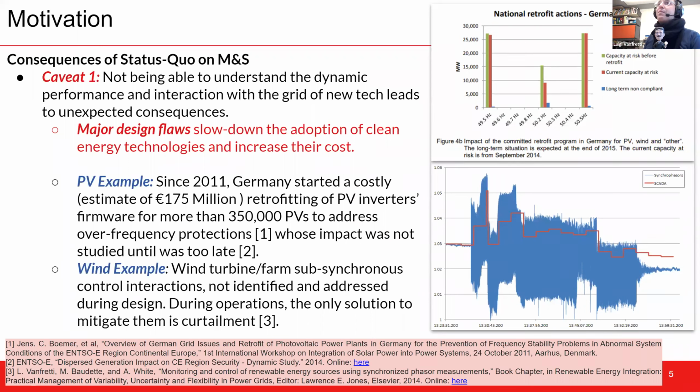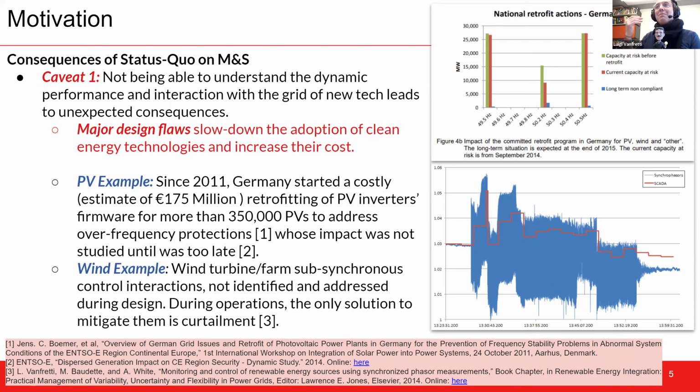The best example is to look at Germany for this. In 2011, they started a costly retrofit, in the paper that I'm citing. It was $175 million to retrofit 350,000 PVs to address issues with over-frequency protections. I mean, in a lot of the models that are used for dynamics, those are not even modeled.